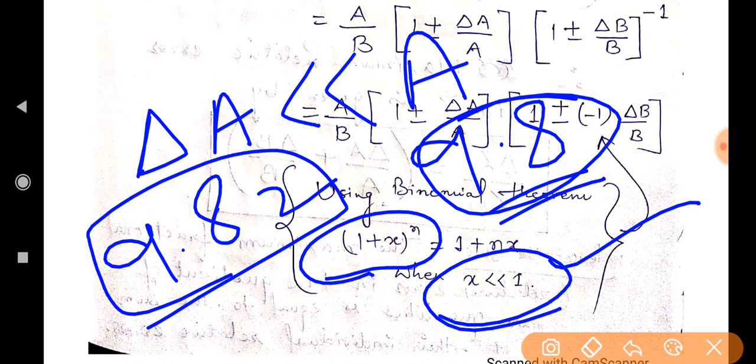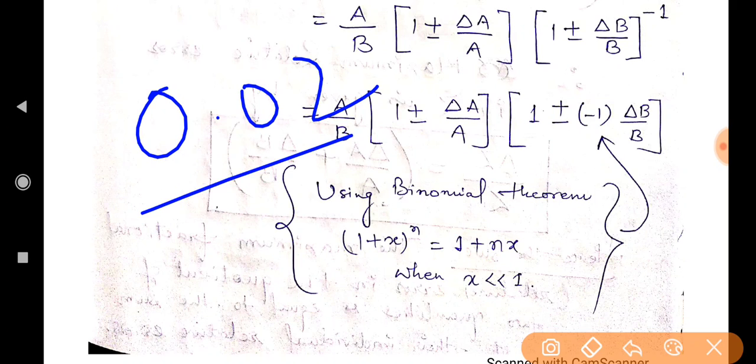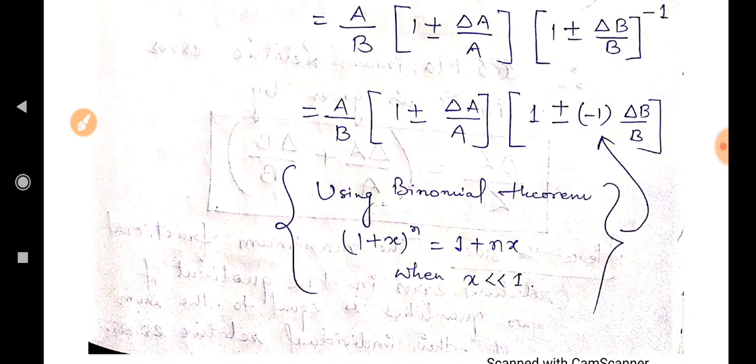So the error will be 0.02. This is very very small. So delta A by A, that means 0.02 divided by 9.8, is a very small quantity. It may be neglected.